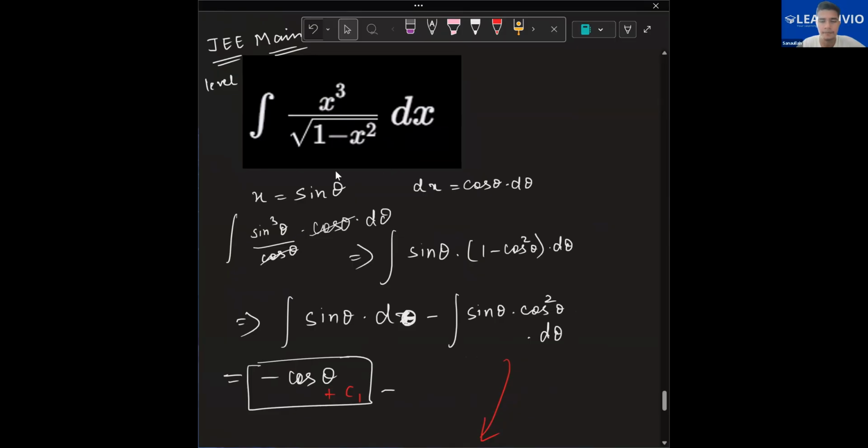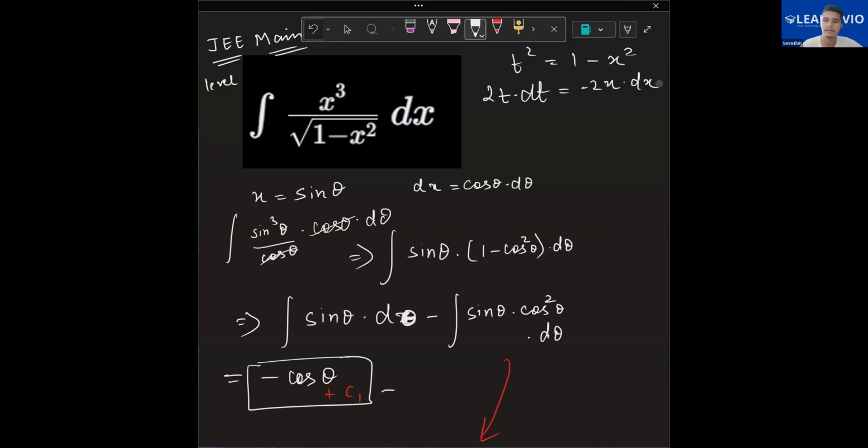So you can take t is equal to under root 1 minus x squared. ठीक है, उससे भी हो जाएगा. t square will be 1 minus x square. ठीक है, मैं t स्क्वायर को मान लेता हूँ 1 minus x square. तो 2t dt will be minus of 2x dx. Right, ये होगा. Yes, sir.